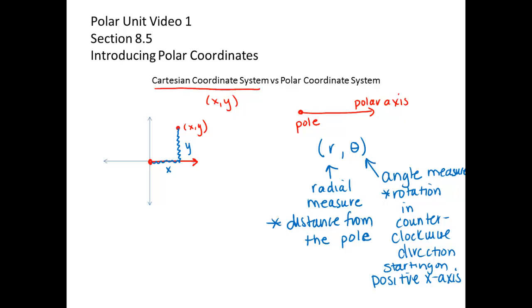Now this is exactly the same way that we've always measured our angles. We started with a positive x-axis and we moved in a counterclockwise direction as we rotated around the circle.